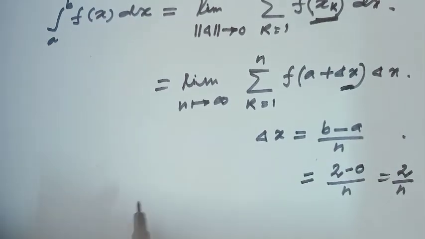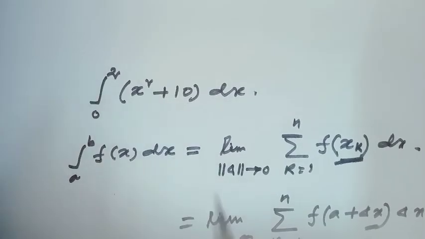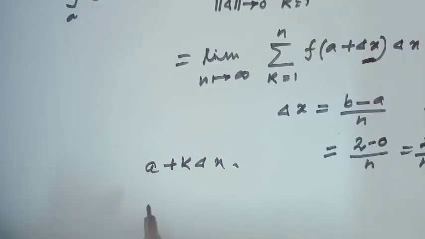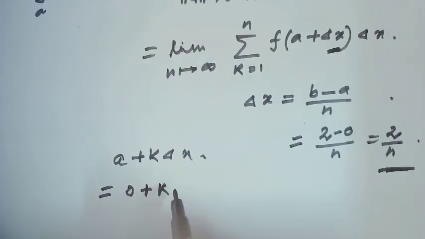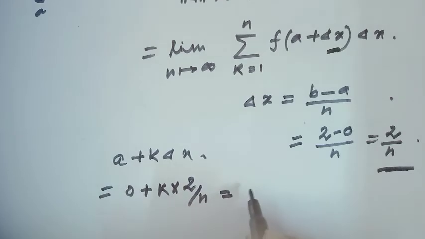First just find the value. Here a plus k times delta x means, here a equal to 0 and b equal to 2, just put the value. This value would be 0 plus k times delta x, which is 2 over n. That means this value equals k times 2 over n.